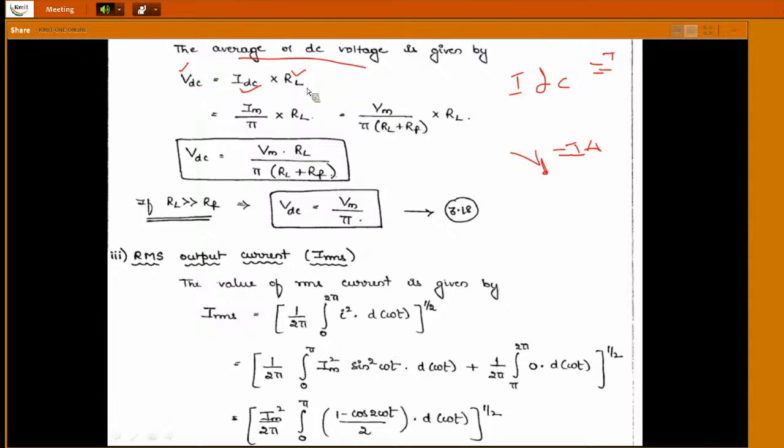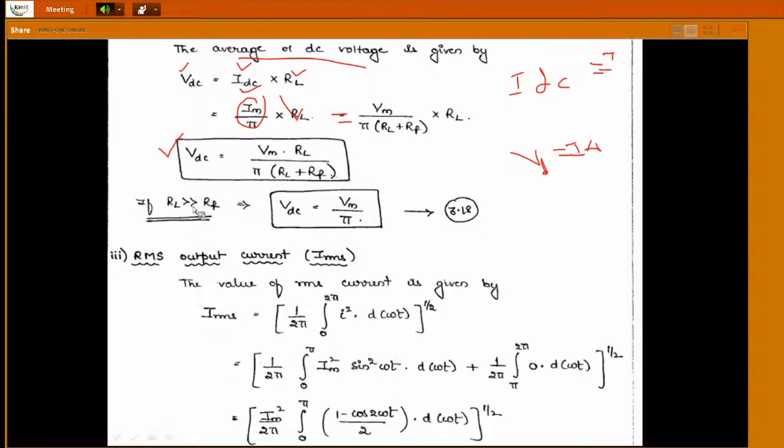That's why IDC is equal to Im by pi into RL. You can represent this in terms of Vm by pi into (RL plus Rf) into RL. From this you can write VDC is equal to Vm into RL by pi into (RL plus Rf). This is the DC voltage expression.